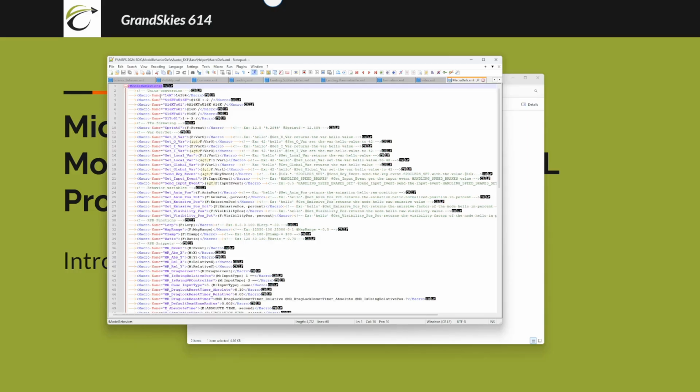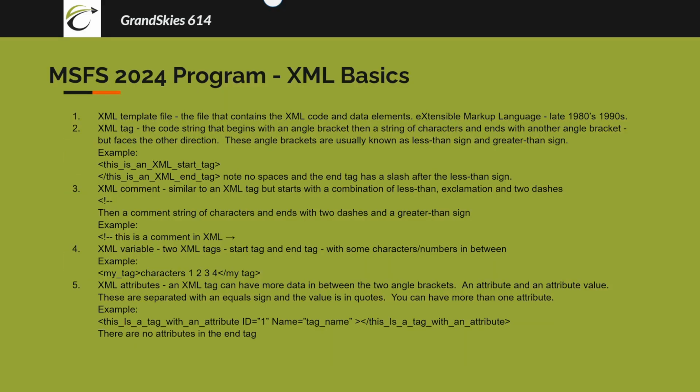It's the angle bracket tags, a name or a command, a specific verb, and an attribute may or may not be there. As you see, model behaviors doesn't have an attribute in this case, but macros do have a name attribute and is given a name that you can call. And then the data for a macro is in between the start and end tags. And there you have it.